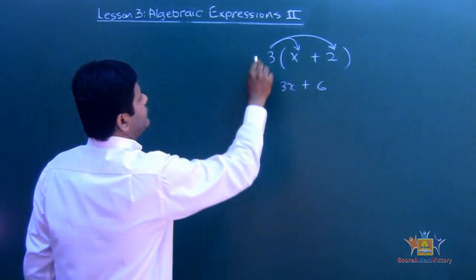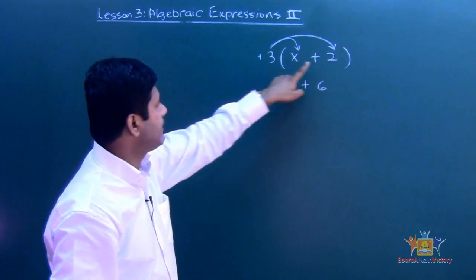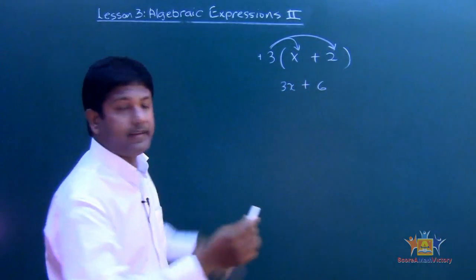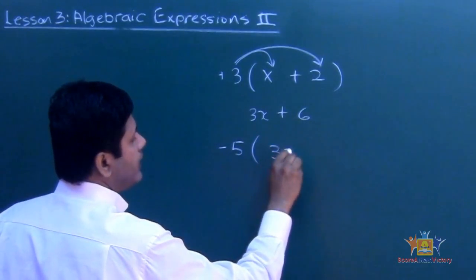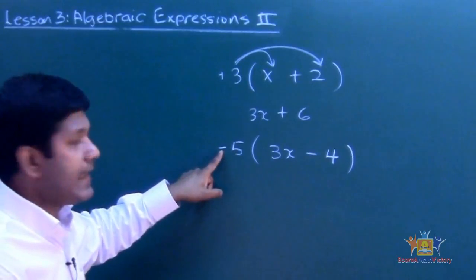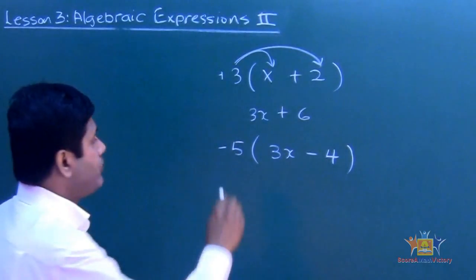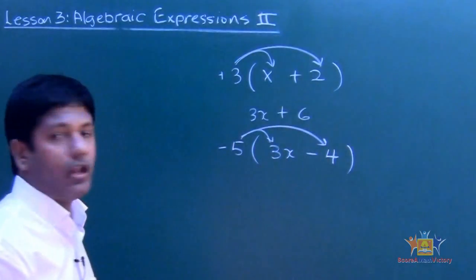Very important, pay attention to this sign. It's a plus. Plus times plus is plus. But let's say for example, if I give you -5(3x - 4). Now look at this. This is negative 5 you're multiplying. Now you're distributing negative 5 to this and that. This is called distribution.